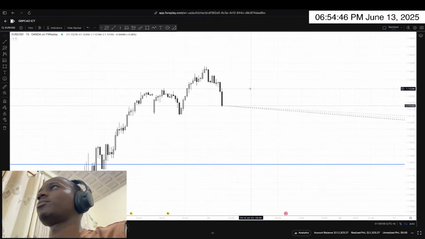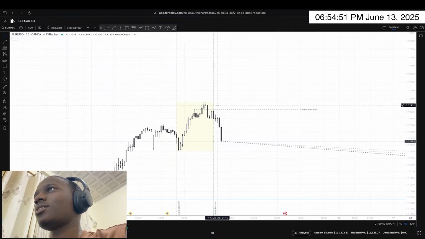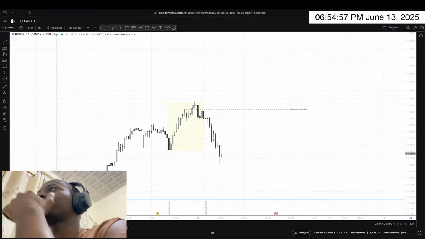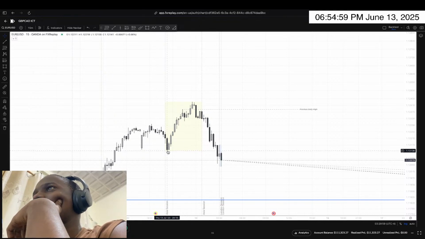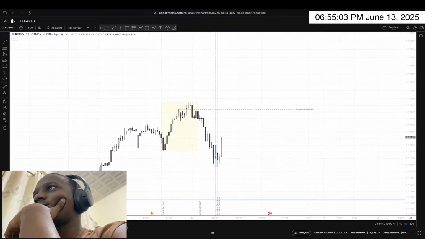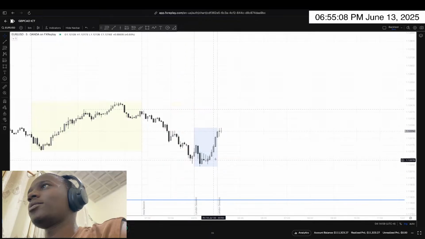Now when I go to the 15 minute, you can see that the Asian session had this move to the upside. Then as soon as it closed, it started to drop. Using the 5 minute movement, we take out the Asian lows. There were some relatively equal lows, and as London opened, it opened with a really big gap.